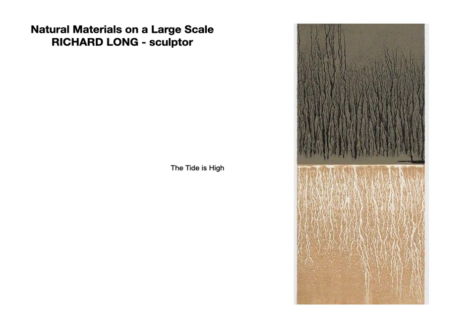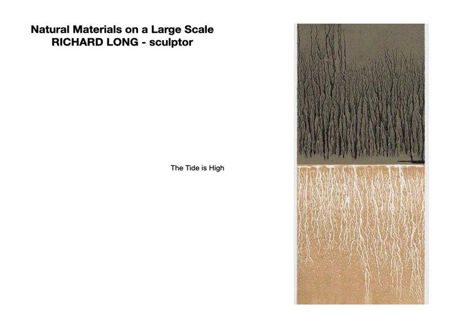We're back to Richard Long again, and here we have a print which is made out of mud and water. The ground in the bottom half is white, and in the top half it's black, and it has a sense of rootlets or a forest.